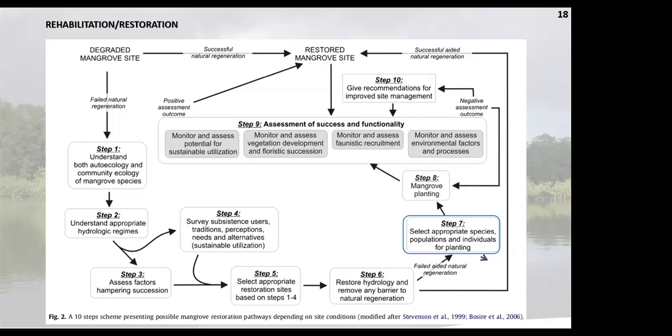For example, if you are thinking to restore an arid area, in this case you need to use, for example, Avicennia trees, since they are more suited for restoration in arid areas.